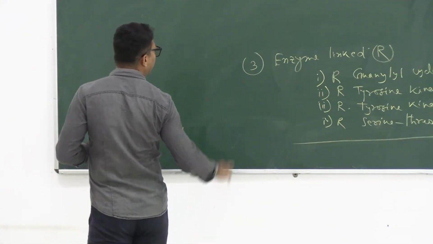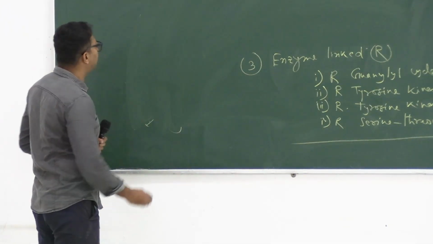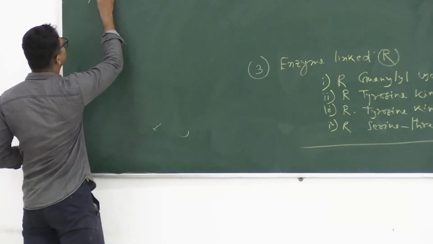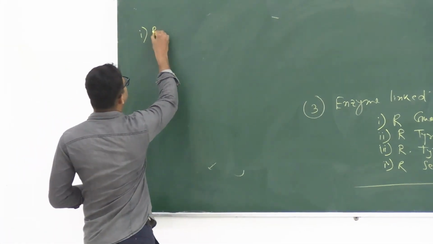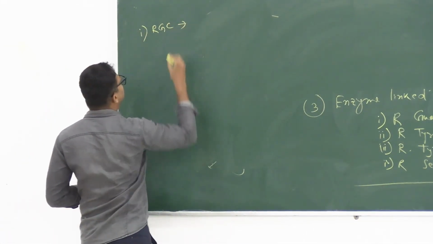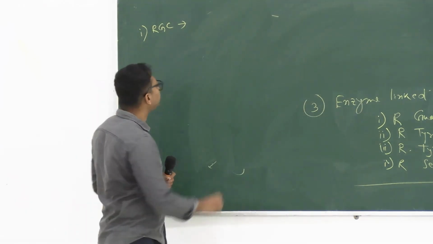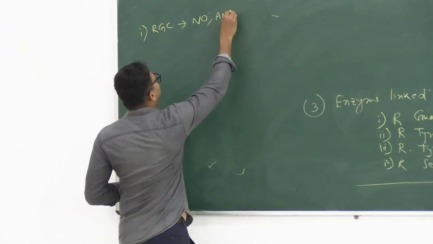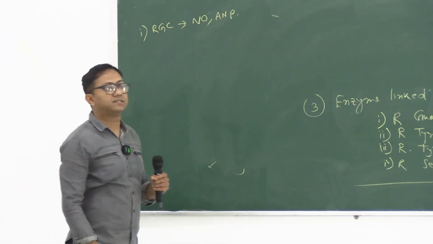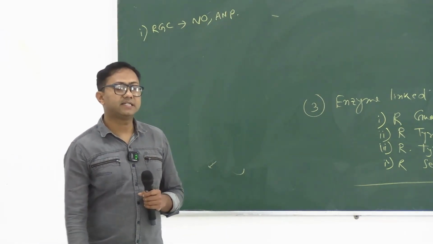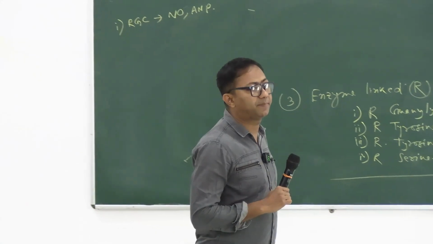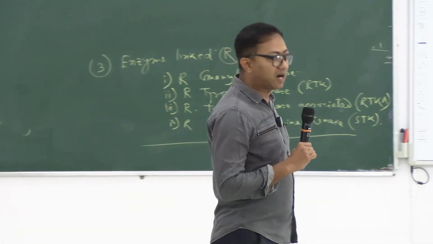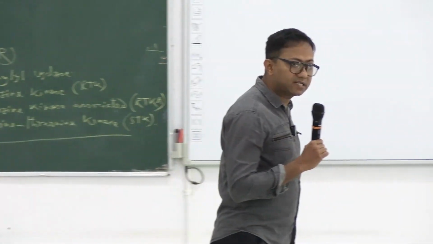Now receptor guanylyl cyclase. Number 1, receptor guanylyl cyclase. Its example is nitric oxide and atrial natriuretic peptide. Have you heard the name of the hormone ANP, atrial natriuretic peptide?